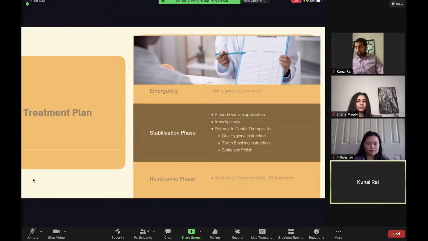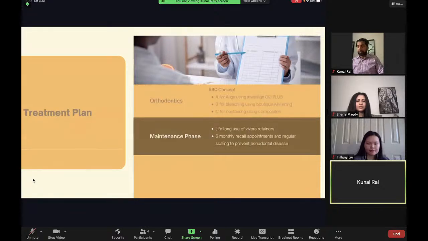So he was referred to the endodontist for the treatment of the lower right side, so the lower first premolar on the right side. Once everything was done from the endodontist and the dental therapist, he was referred back to myself, and this is where we cracked on with the ABC concept.